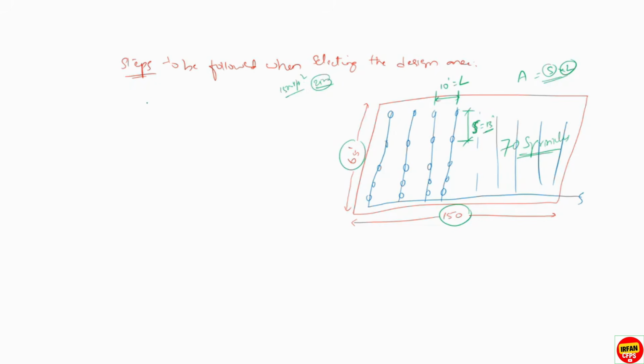Okay, so now assume that your occupancy hazard is ordinary hazard group 1. Spacing along the branch lines means S, right? Along the branch lines, S is 13 feet and spacing between the branch lines is L, 10 feet. Here you can find the spacing is uniform.